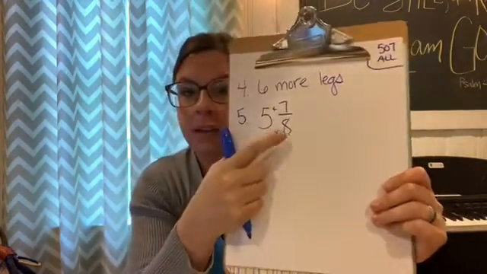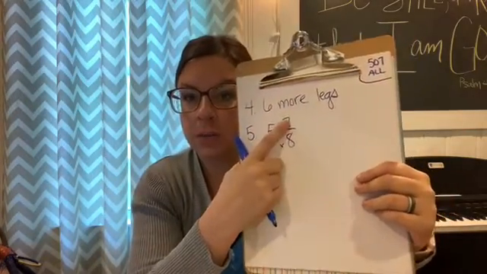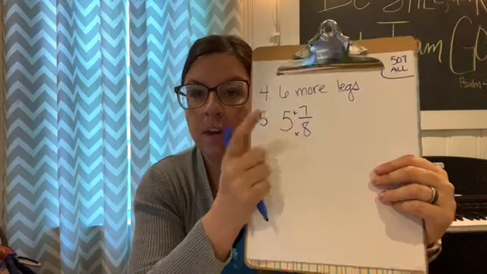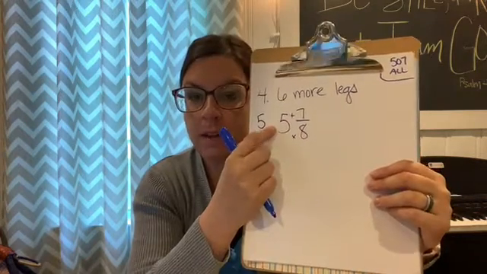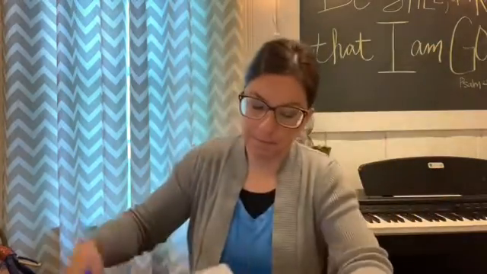So if we have 5 and 7/8, we multiply the denominator by the whole number, which is 40, plus 7, 47 over 8. Times 5, and we can put that over 1.